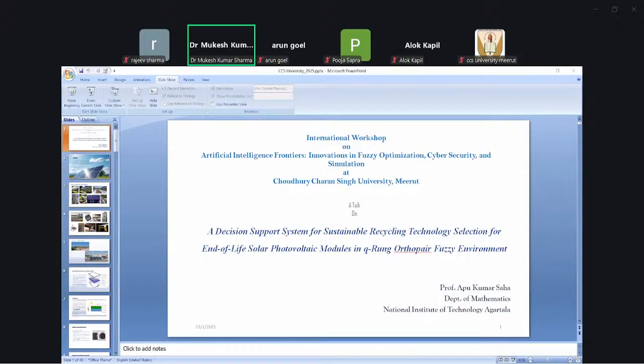Now, the advantages of the Q-rung orthopair aggregation operator, because there are some advantages. First, the Q-rung orthopair fuzzy geometric operator is less sensitive to extremely high or low values, preventing over-influence of any criterion.